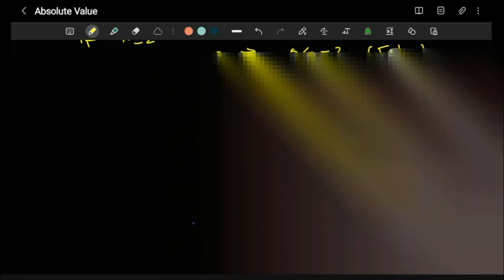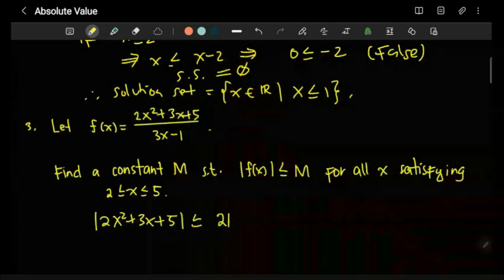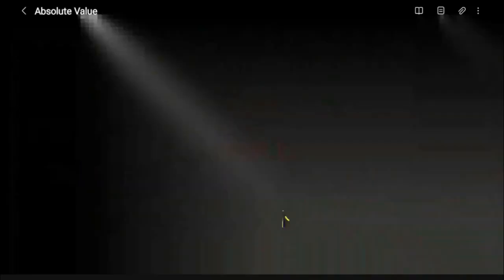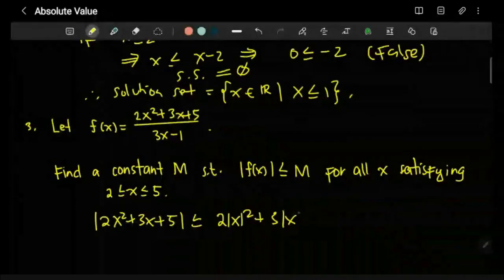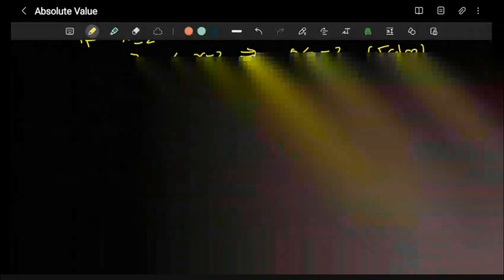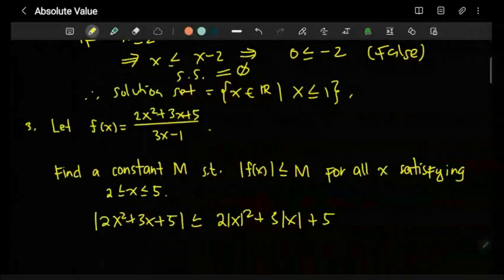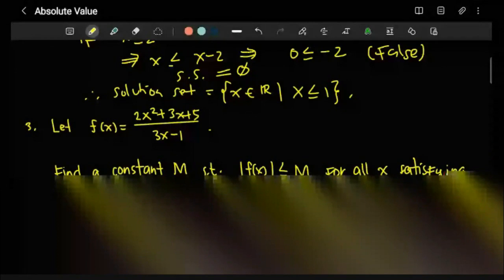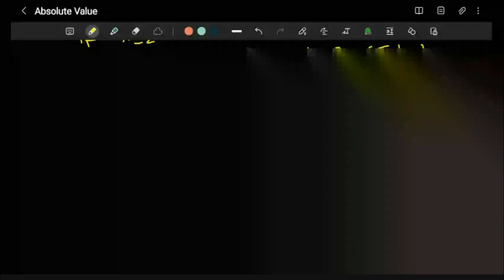So 2x squared plus 3x plus 5. I already evaluated absolute value of 2, ha? Tsaka absolute value of 3 and absolute value of 5. But remember, x is between 2 to 5. Right? So x is between 2 to 5.